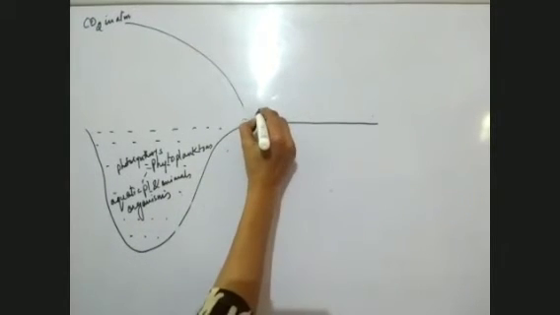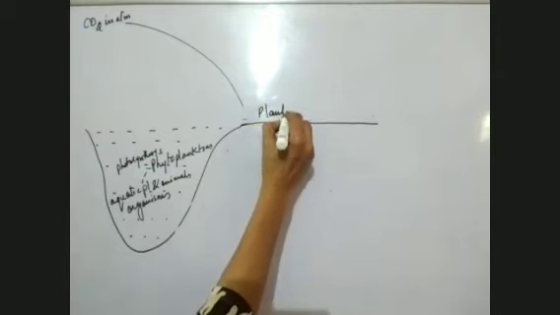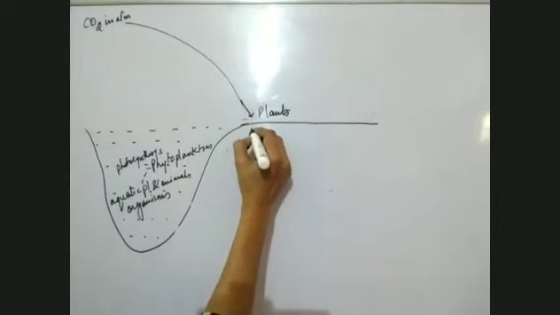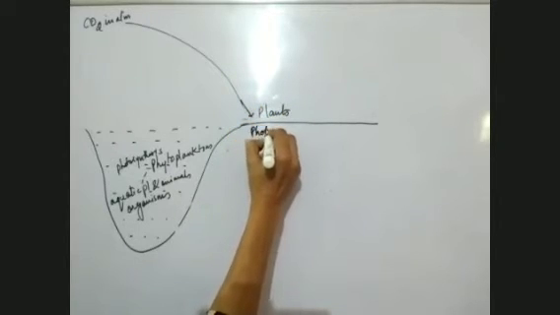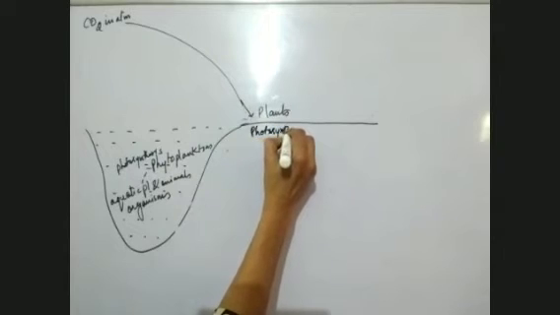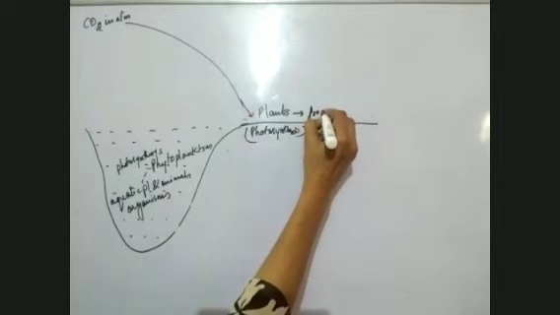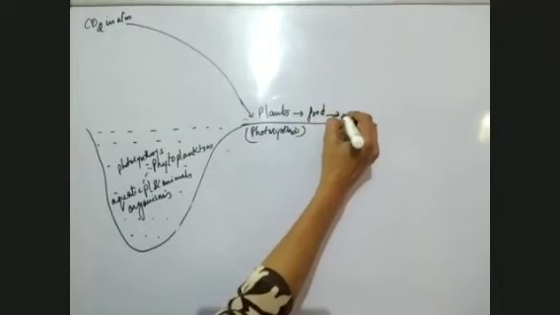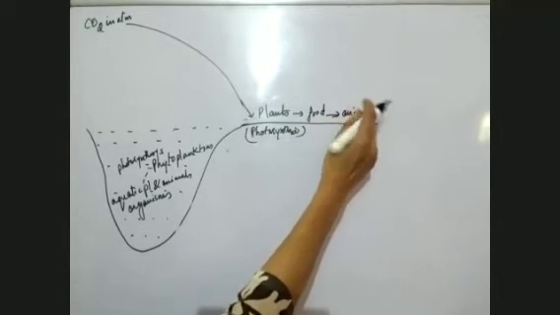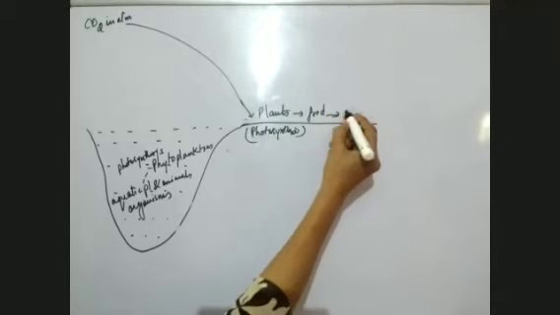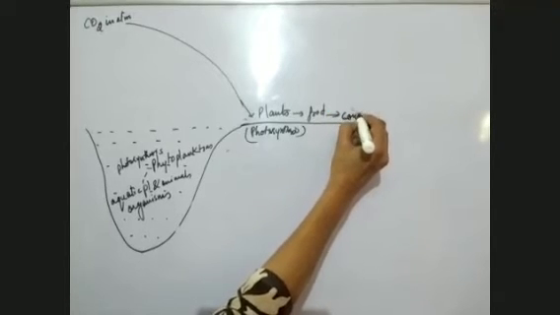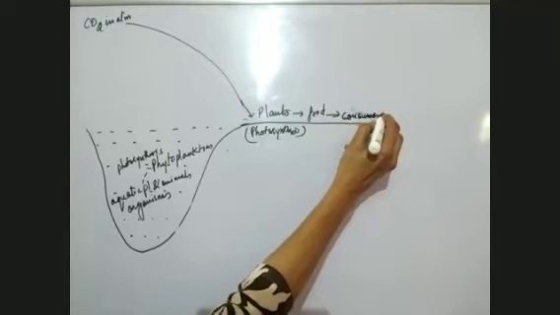Just a minute, beta, you will understand it better that way. If I write here plants, they utilize this for the process of photosynthesis. They form food, and this food, which has all the biomolecules containing carbon, is eaten up by consumers. Their death and decay again brings some carbon into the atmosphere.